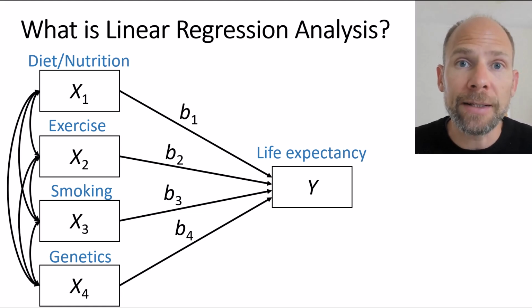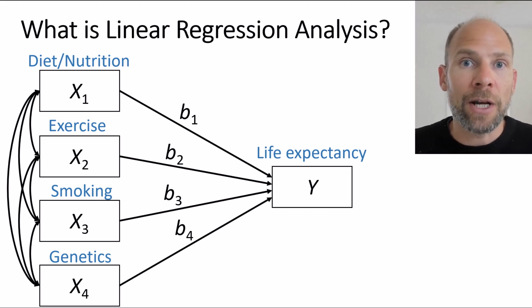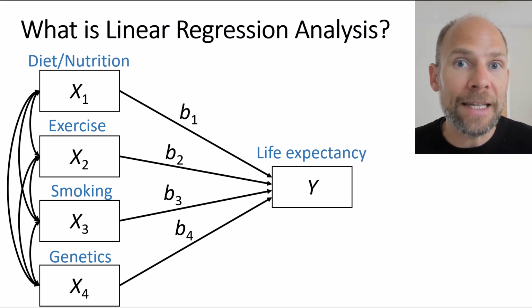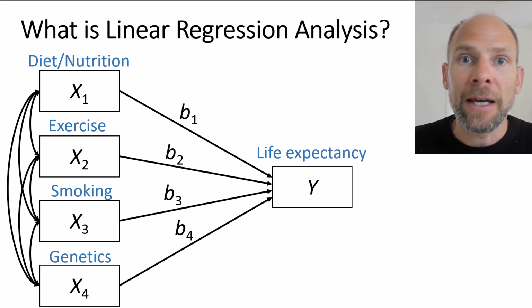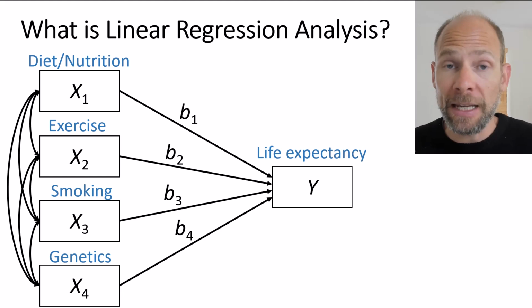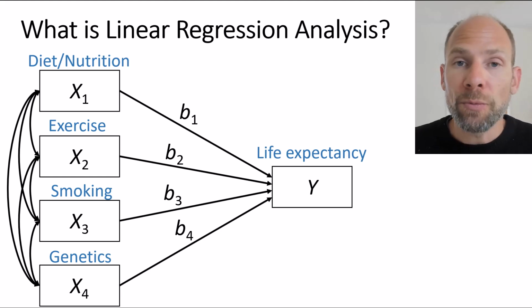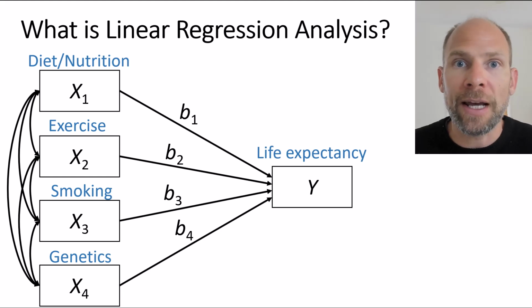Also, in regression analysis, the predictor variables can be correlated, and in fact, a partial overlap of the independent variables is what makes regression analysis valuable, because it allows us to figure out and take into account those redundancies, so that we can see, for example, if another predictor adds something above and beyond what is already explained by a previous predictor. So for example, individuals who smoke maybe tend to not exercise as much, or maybe they tend to also not have the healthiest diet.